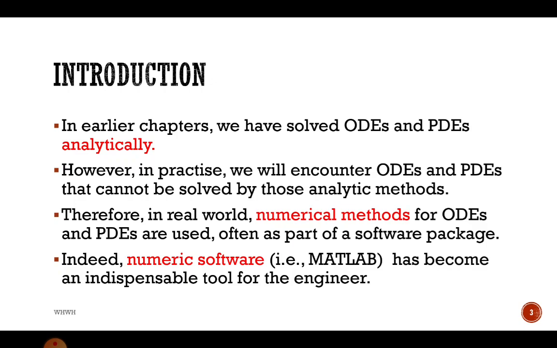In chapter 5 we discussed PDEs, and we use Fourier series to solve the PDEs, right? So in all those methods you do the integration, some need partial fractions, some need integration by parts. All those methods we call analytical methods, where you have to do calculations analytically.